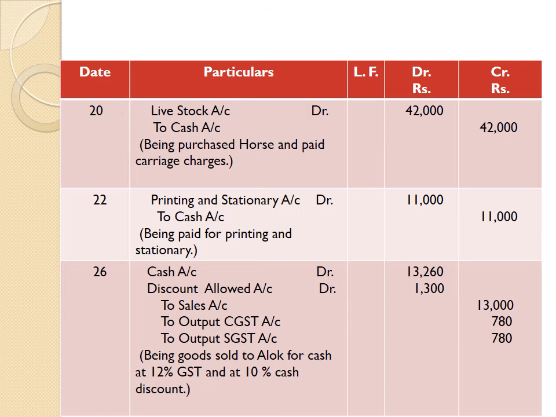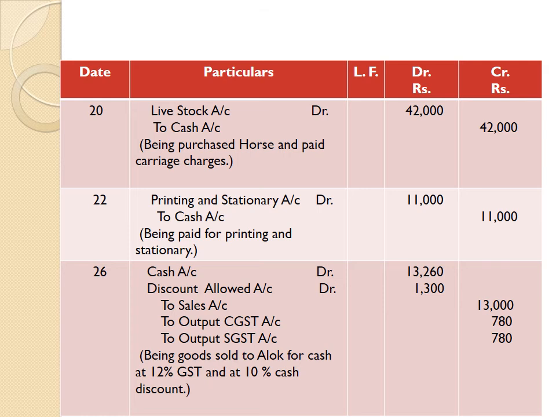Next, on 26 May, goods sold to Alok for cash at 12% GST, and we allowed Alok cash discount, that is discount allowed.